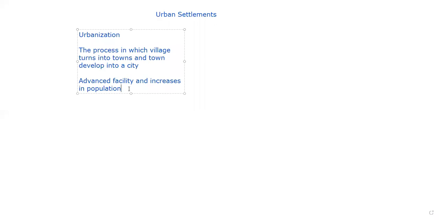That's why one single criterion is not valid for the whole world. Like in Japan, if any area has more than 30,000 population, then they give that area urban status.